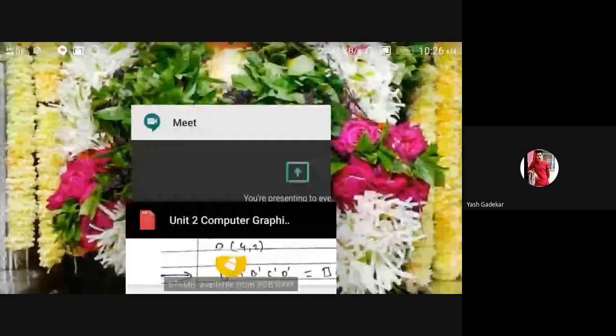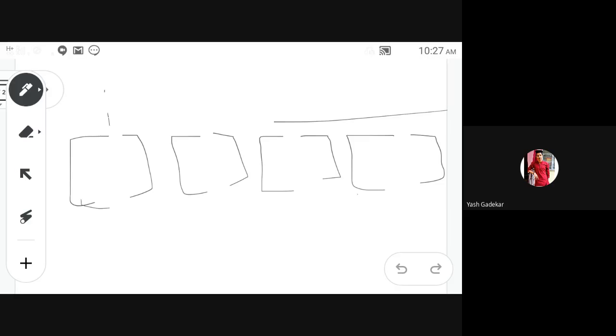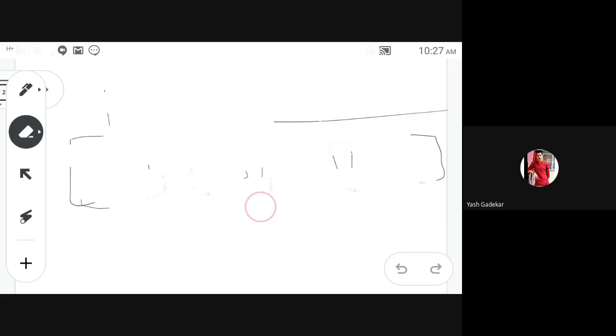So I will share my pad here, Jamboard, for the calculation of the matrix. Is the screen visible? Okay, let's start the multiplication.